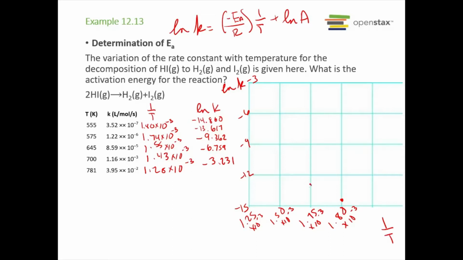And then 1.55 and negative 9.362, so there-ish.